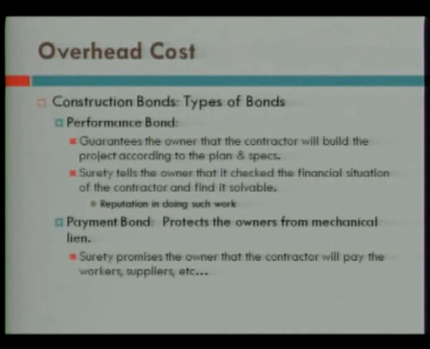The idea in the United States is that the contractor, the supplier, the labor, and everybody are participating in building this project. So everybody owns part of it.